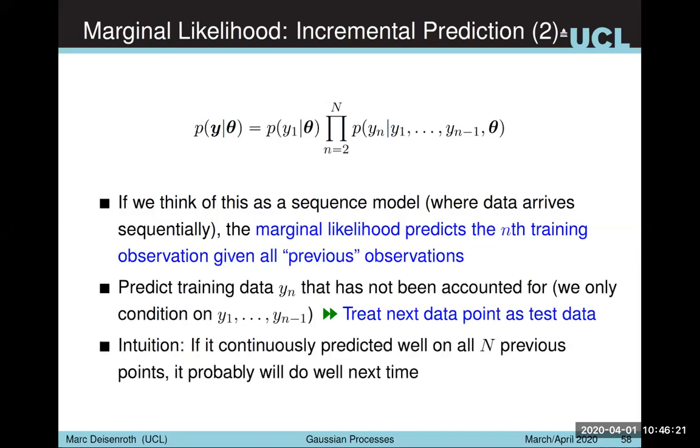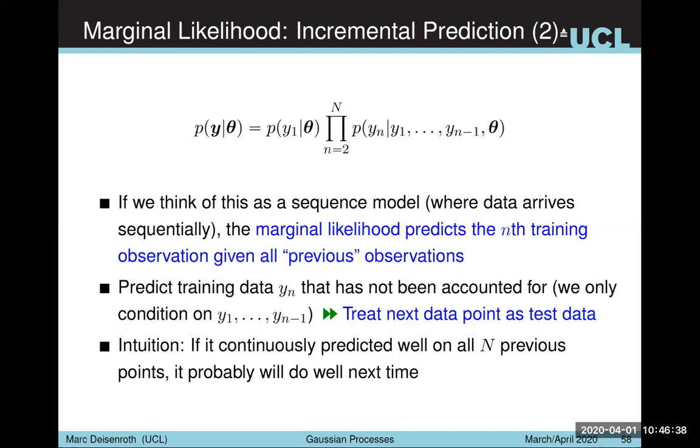So the intuition is that if the marginal likelihood continuously predicts well on all previous training points, it will probably also make a good prediction the next time.